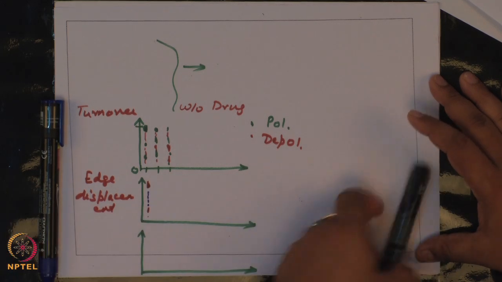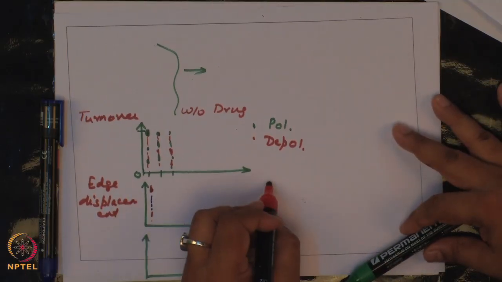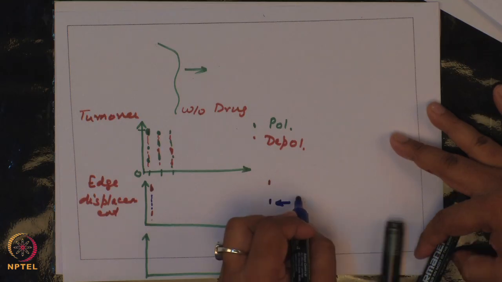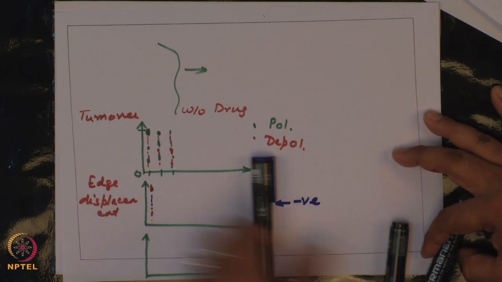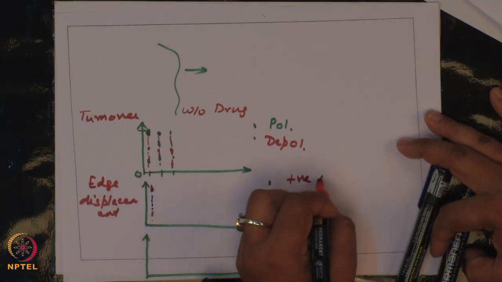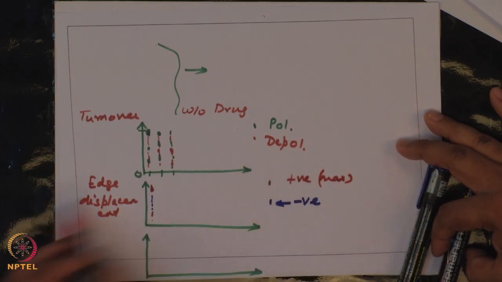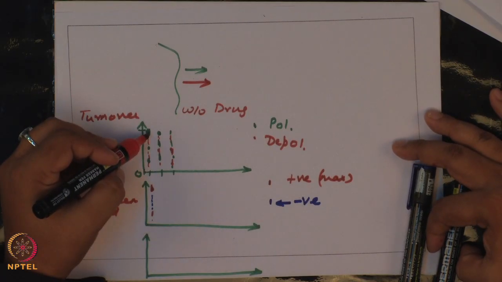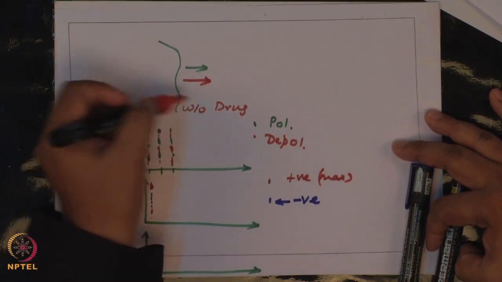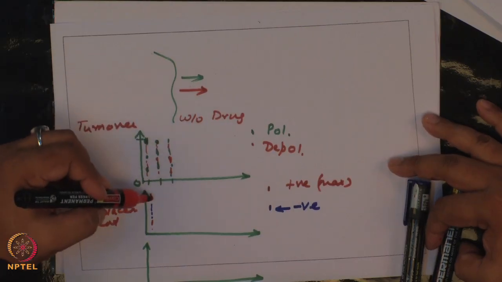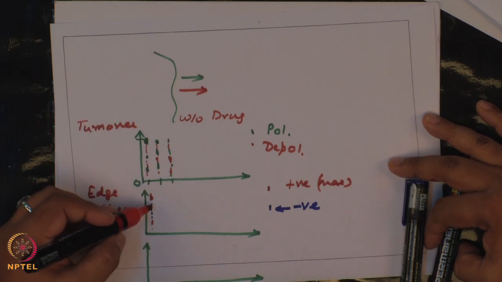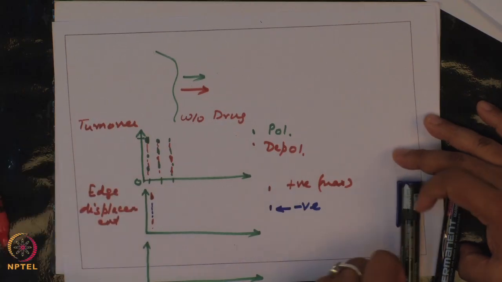In this color scheme, blue is negative, red is positive and maximum. Positive means the cell is migrating outward. So, where polymerization has happened, the edge has moved outward. That is my positive direction. Where depolymerization has happened, the cell has locally moved backward.